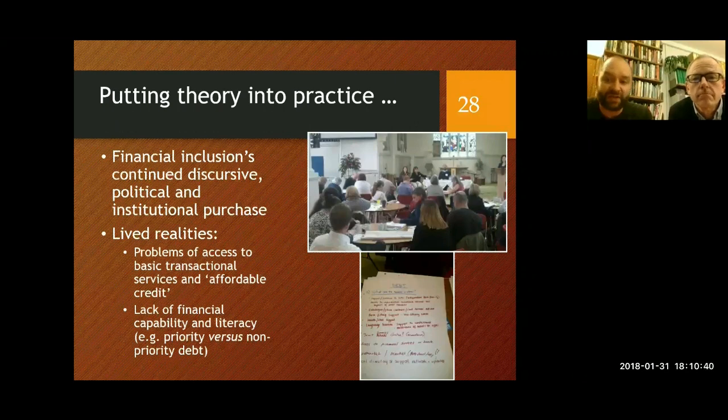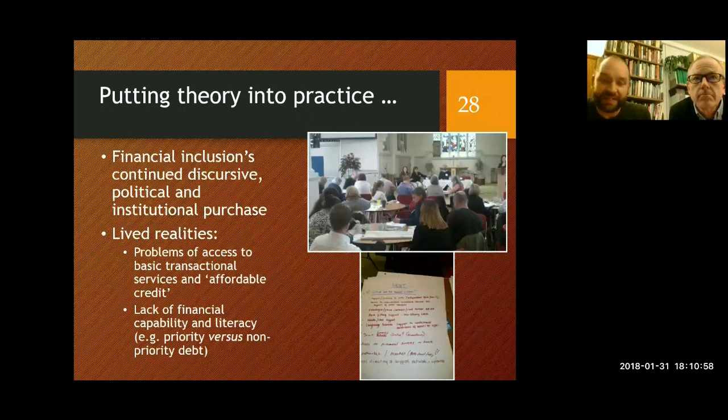That raises issues around how, practically, you can dislodge the idea of financial inclusion and think about resilience or citizenship or financial rights, and what that might look like in terms of a local policy initiative.